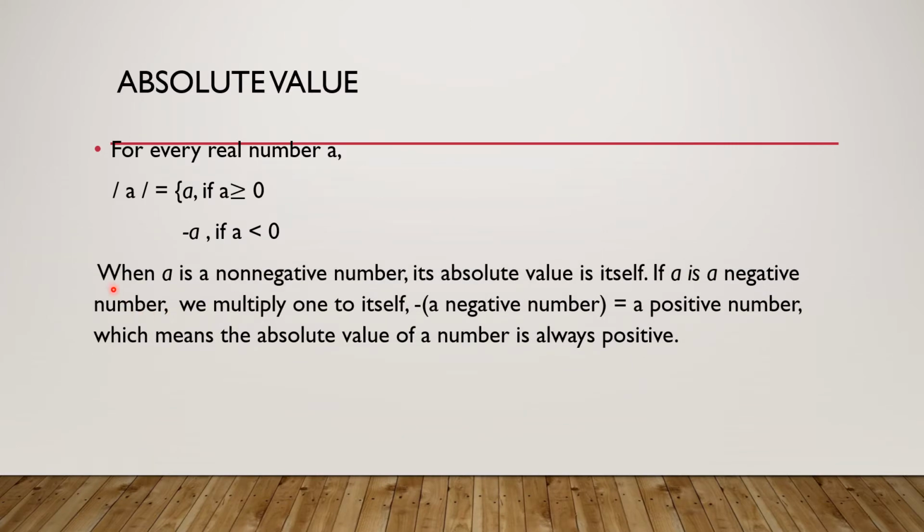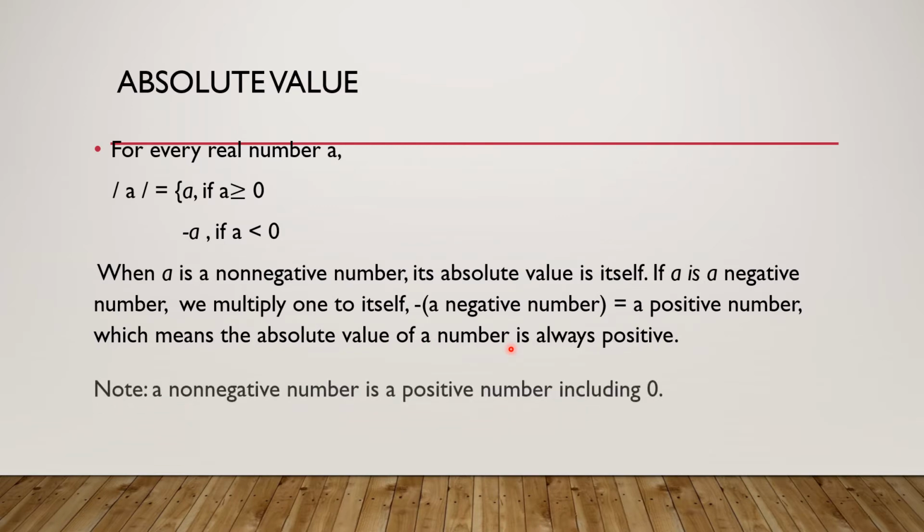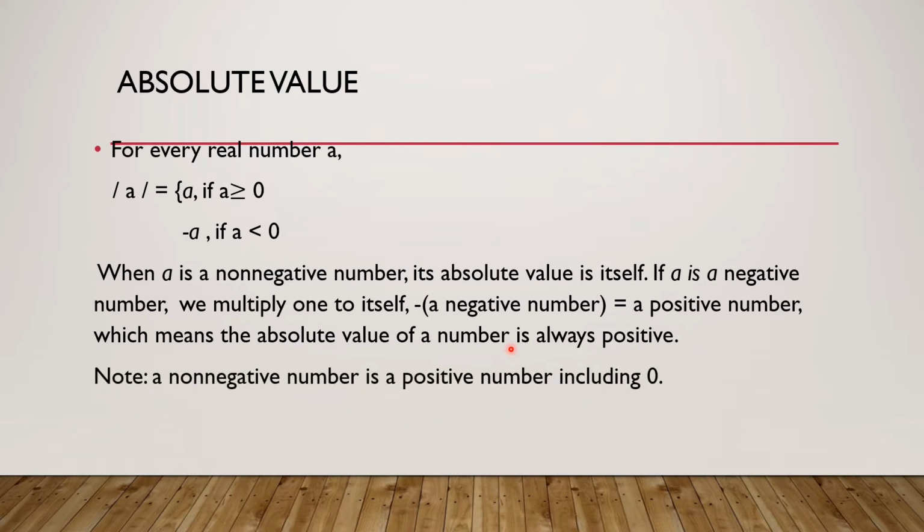When a is a non-negative number, its absolute value is itself. If a is a negative number, we multiply negative 1 to itself. So negative a is a positive number, which means the absolute value of a number is always positive. Note, a non-negative number is a positive number including 0.